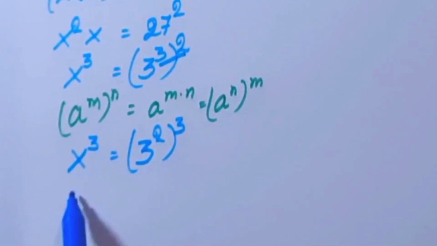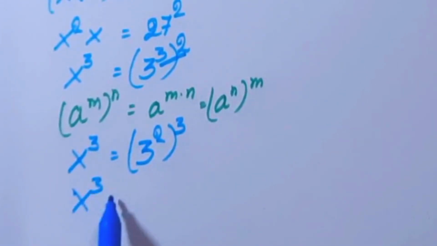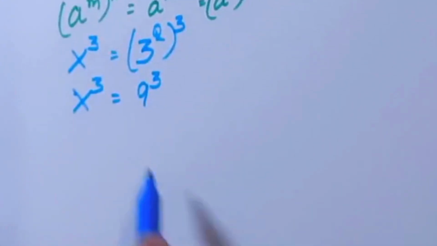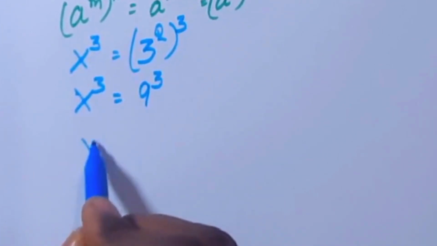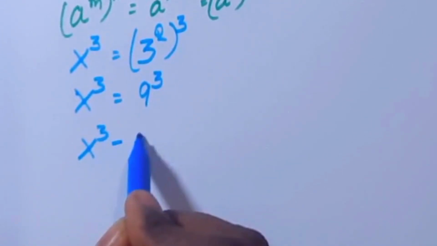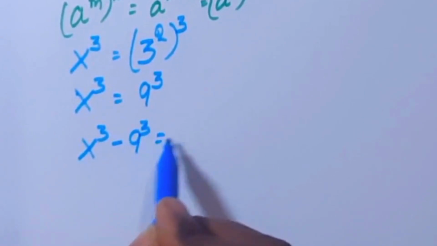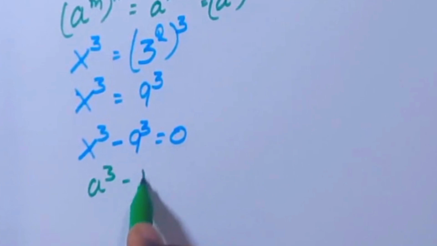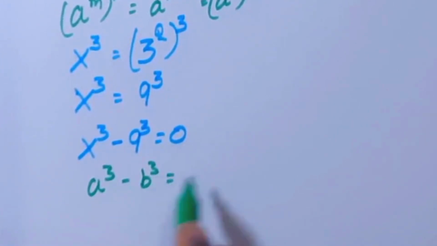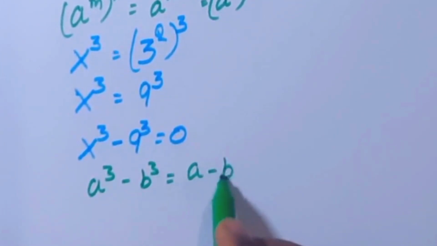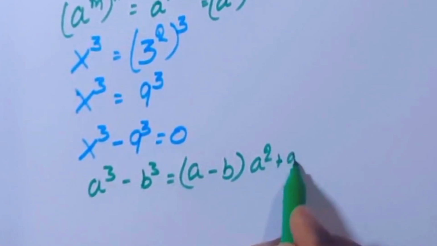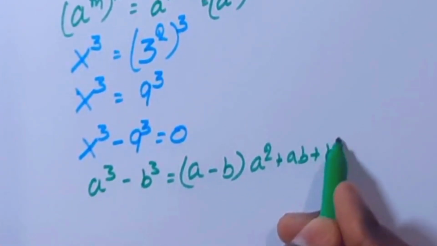So x^3 equals, this is 9^3. We are moving this to the left hand side. So x^3 minus 9^3 equals 0. a^3 minus b^3 equals (a minus b)(a squared plus ab plus b squared).